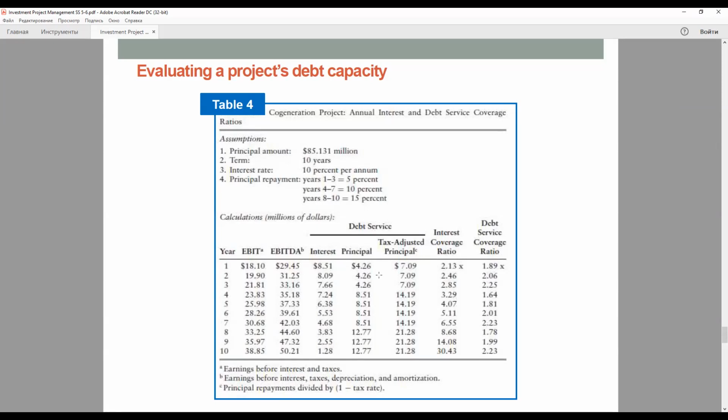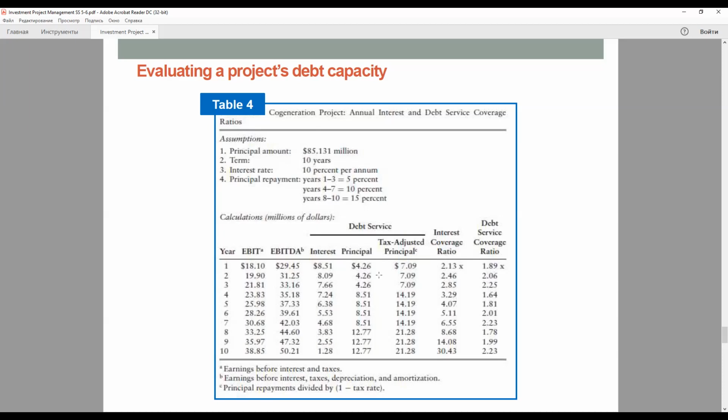Then you have to think about the annual coverage tests. There are 3 coverage tests that lenders apply to measure a project's capacity to pay debt service year by year: the interest coverage, fixed charge coverage, and debt service coverage. The table here shows the annual interest coverage and debt coverage ratios for the cogeneration project.